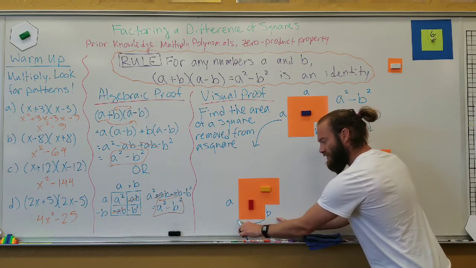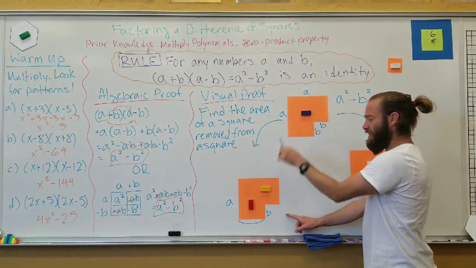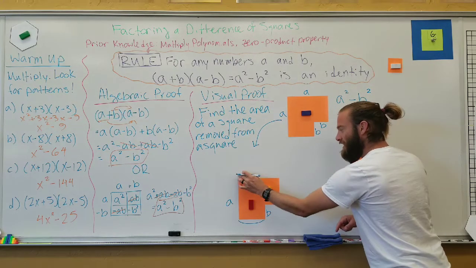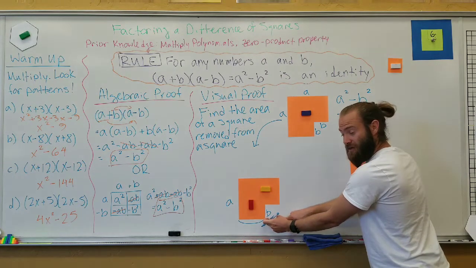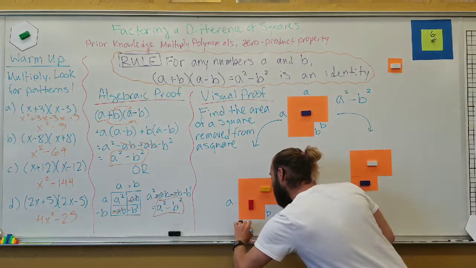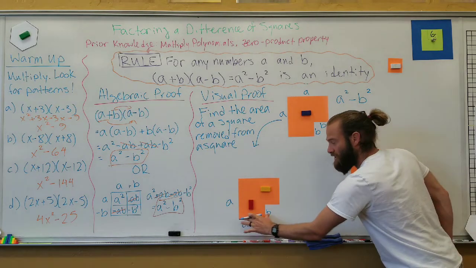The easiest way to think of it is like we did this, but not in two dimensions with area. We can think of it as one dimension. The whole thing has length a, but we've taken away this much of it, which is b. So what's remaining is a minus b, and that's how long this short section is.